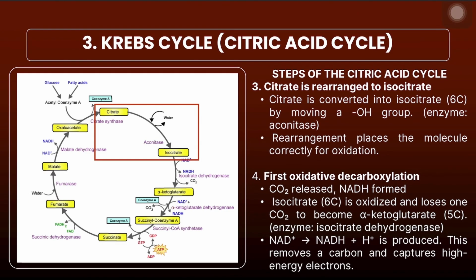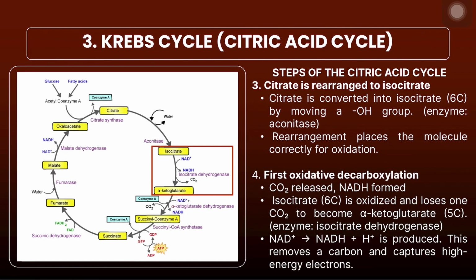This rearrangement may seem minor in this diagram, but it is very essential for the proper flow of the cycle. So again, in this third step, we rearrange the citrate into isocitrate with the help of the enzyme aconitase.